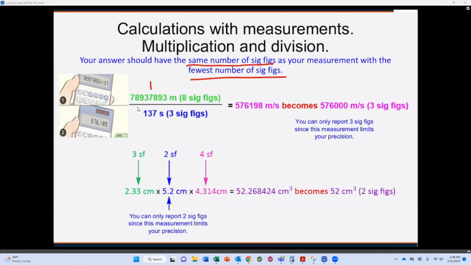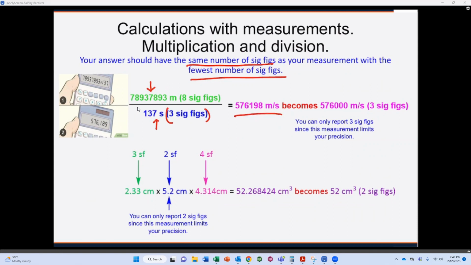We have measured this distance that has 8 significant figures, and we've measured the time using 3 significant figures. We're going to do a simple division, divide this giant number by 137 seconds, and then we're going to get this answer here.